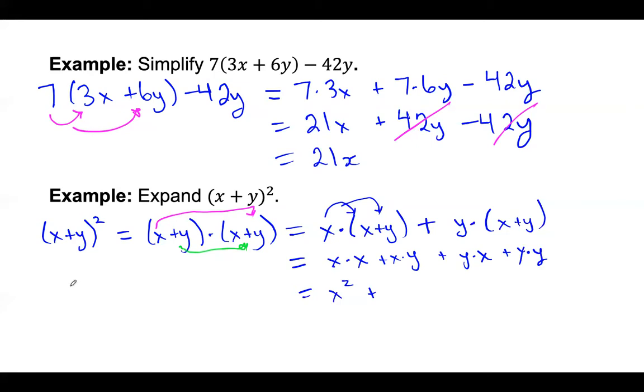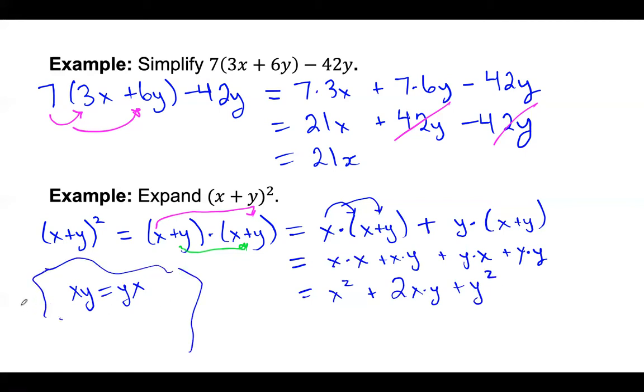Well, we know that xy actually equals yx. They're the same thing. So we have two of them. So we can put 2xy and then the last term, which would be y squared. So you have to know that. So we can see that we've just shown that (x plus y) squared equals x squared plus 2xy plus y squared.